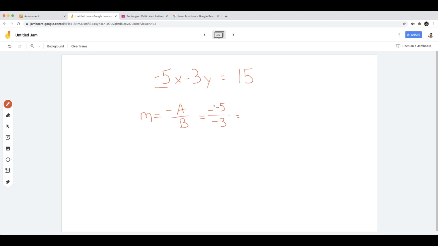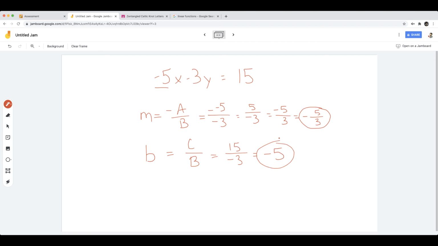Right, so on the top, those two negatives become a positive, and I'm divided by a negative, so that's my answer. I don't like to put the negatives in the denominator. I usually put them in the numerator, or even out in front. So negative 5/3 is your slope. What is my y-intercept? The y-intercept is going to be c divided by b. So that's going to be 15 divided by negative 3. So the answer there is negative 5, and that's your y-intercept.